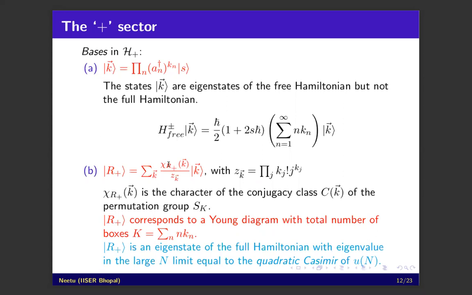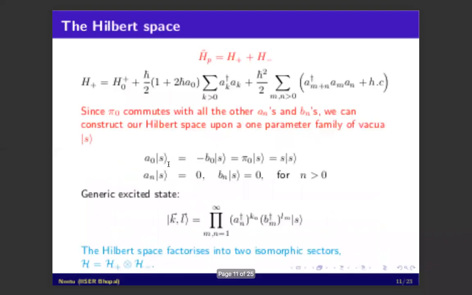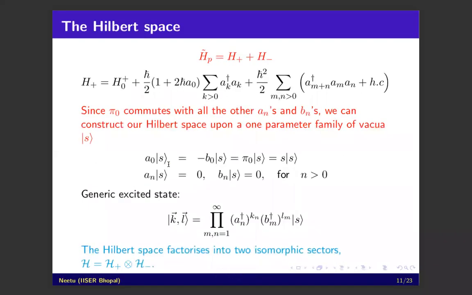Sorry, this is going a bit fast. Can you go to the previous slide? I was a bit confused here because your Hamiltonian H plus is an interacting Hamiltonian, right? The modes are interacting with each other. Usually when one constructs a Hilbert space or a Fock space, one builds it up using the free part, right?